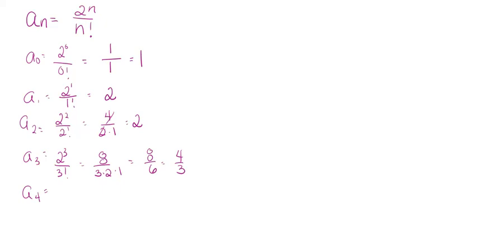And then the last one, the fifth term, would be 2 to the 4th over 4 factorial, which is 4, 3, 2, 1. Again, you don't have to show this 1. Those cancel. These 2 cancel with this one, so we're just left with 2/3.